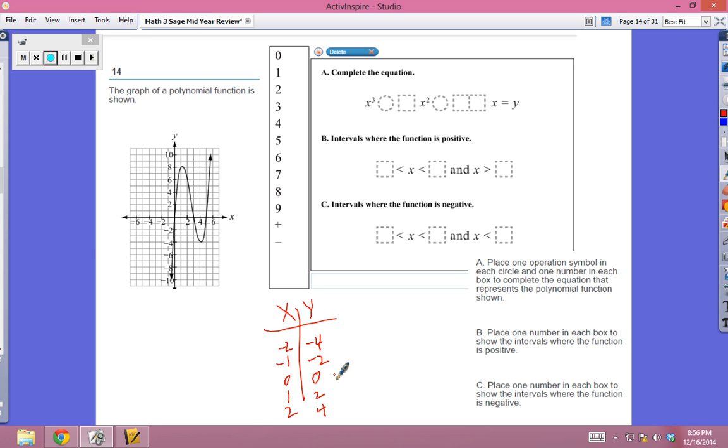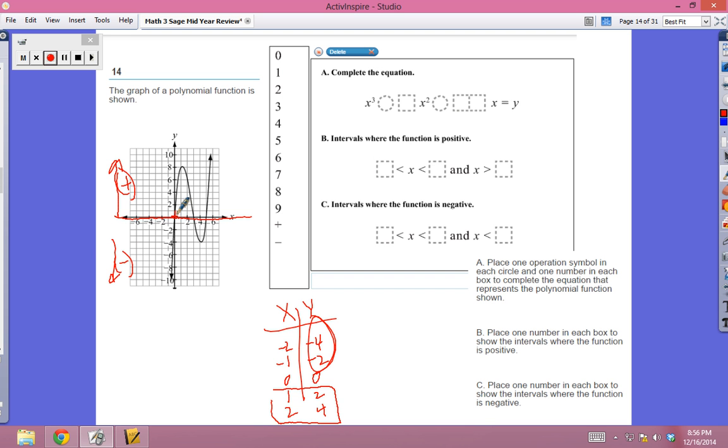It's going to spit out a positive right here, because these answers are positive, and it's negative right here when these answers are negative. So when your answers are positive, that's when it's positive. When your answers are negative, so you're looking at the y's. The y is this number line going up and down. So here is 0 on the y. Anything above 0 is positive, and anything below 0 is negative.